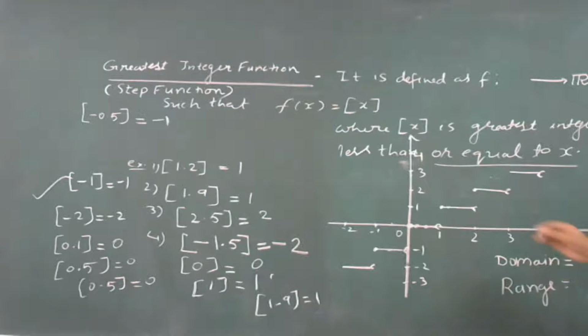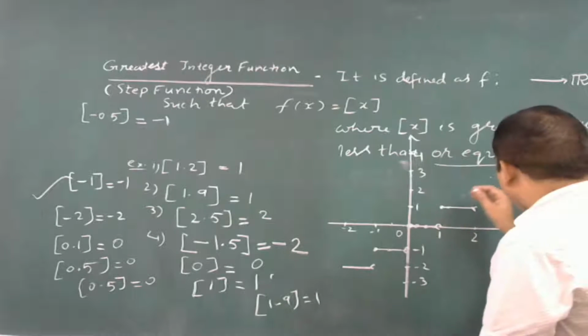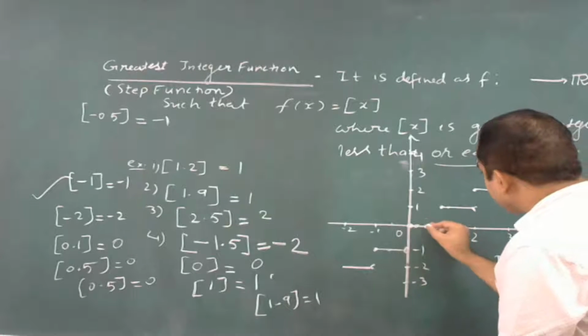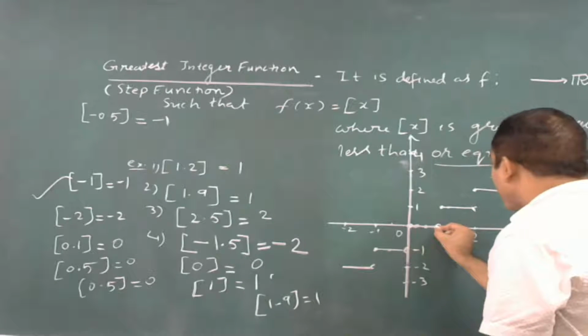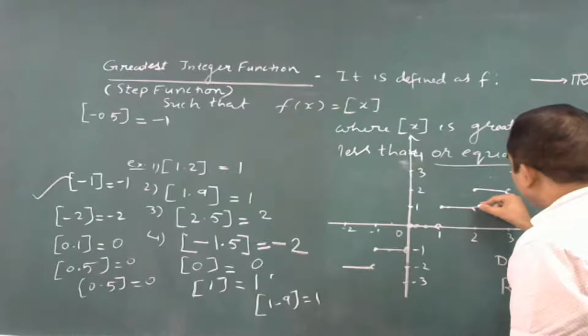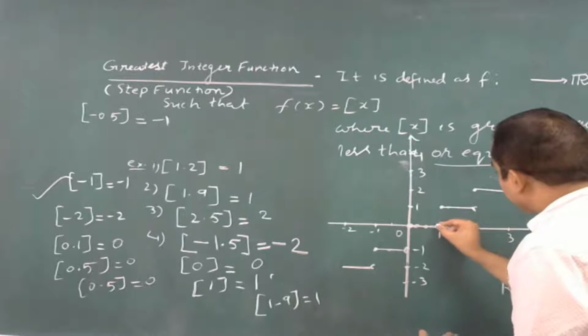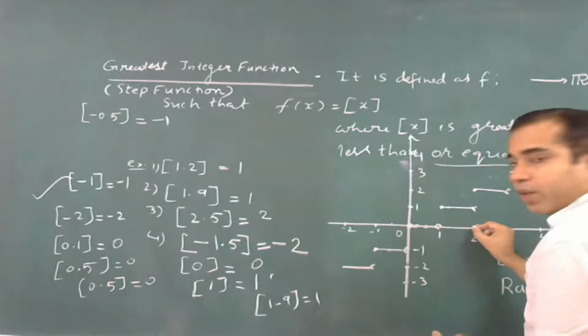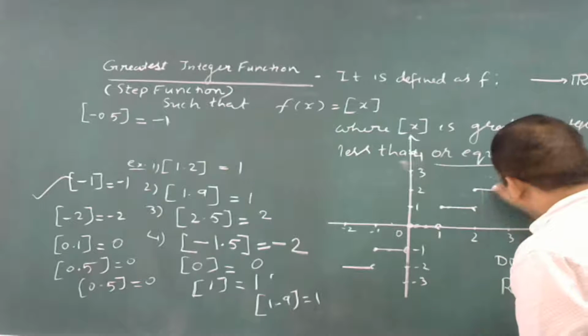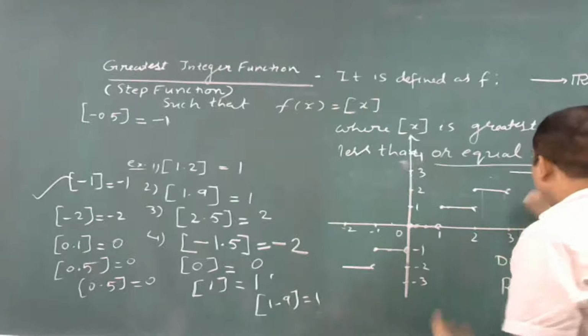So domain: if you draw the perpendiculars from the points of the curve here, these parts will come. Now from these points, if you drop the perpendicular, this part of the x-axis will be covered. From here also, if you drop the perpendiculars, this part will also be covered.